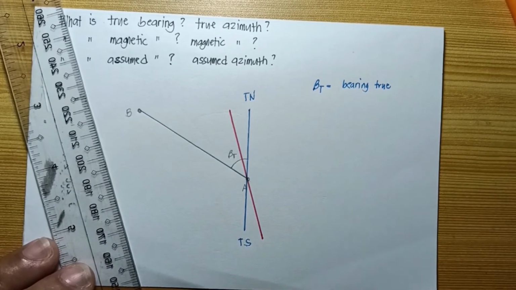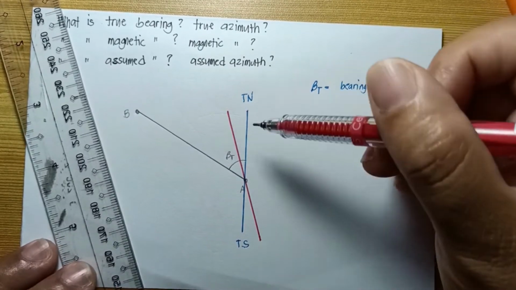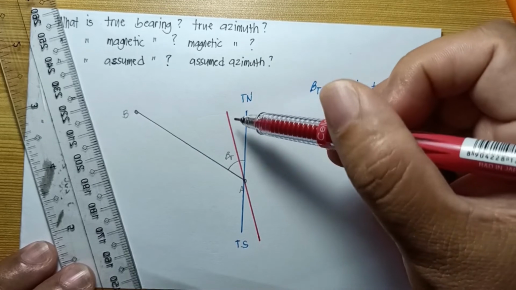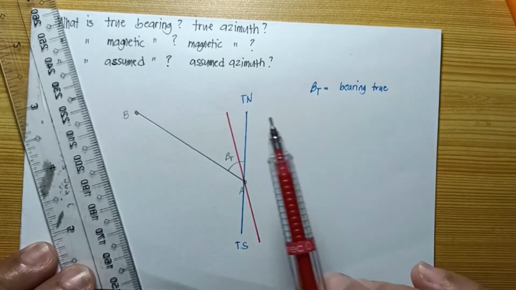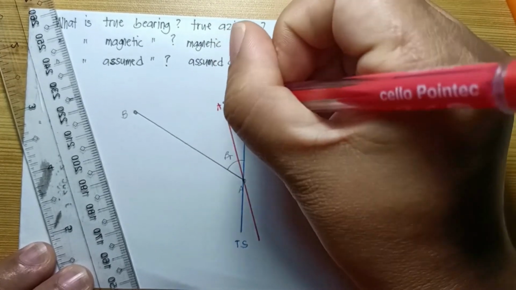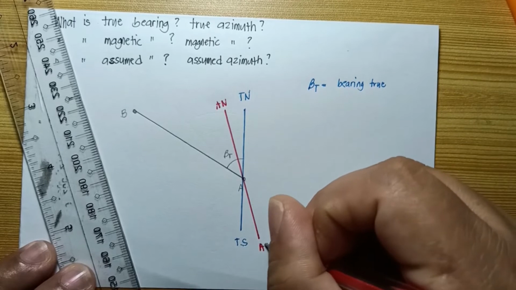Then it's no problem to get the true bearing of a line. In this case, let me illustrate that the assumed meridian does not coincide with the true meridian. I'll call this my assumed north, and of course this is the assumed south.